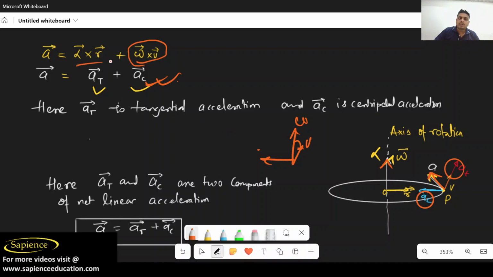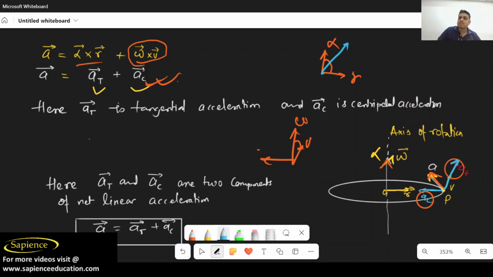Now alpha cross r. Since alpha is in the upward direction and r is in this direction, what will we get? When you do alpha cross r, you get a quantity in this direction, perpendicular to this.